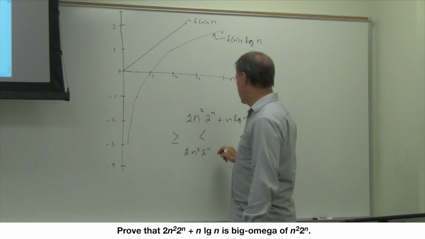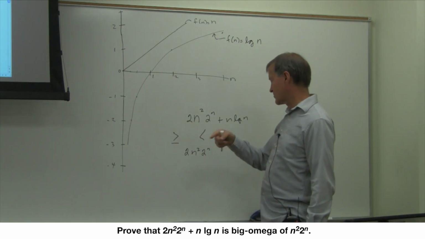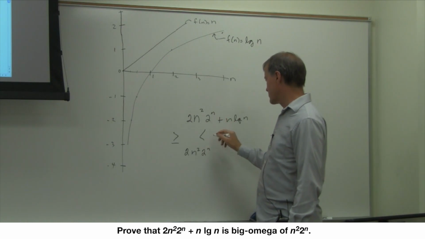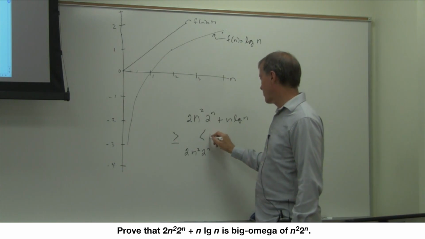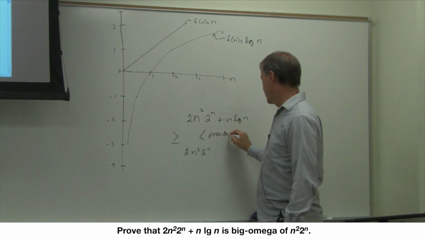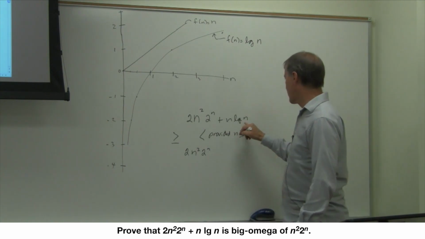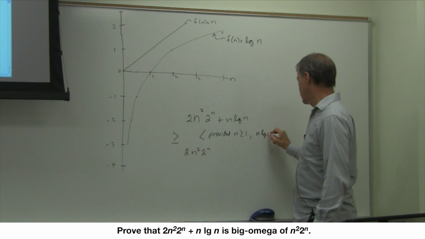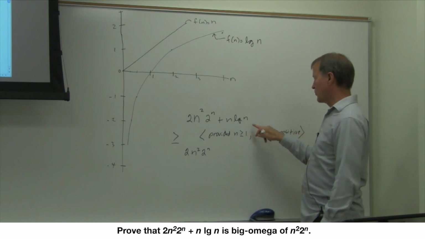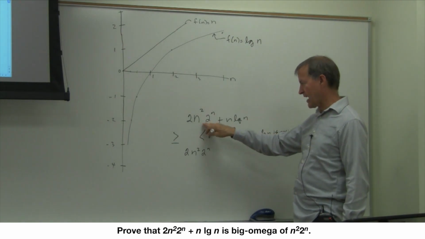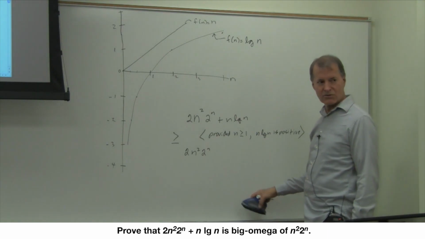This would be showing the big omega, provided n is greater than or equal to 1, provided n log n is positive. If you drop a positive thing, then this has to be greater than or equal to this.